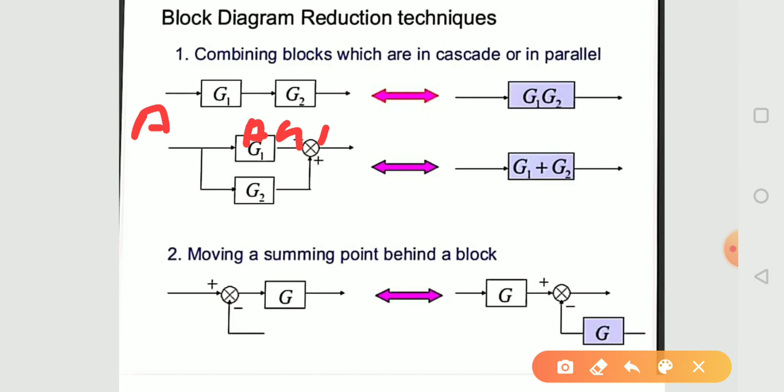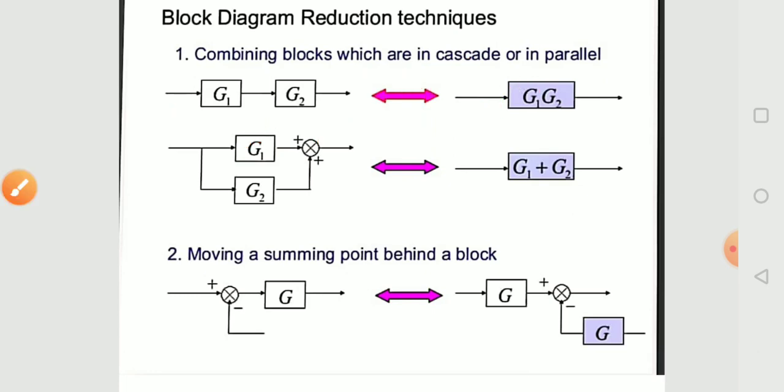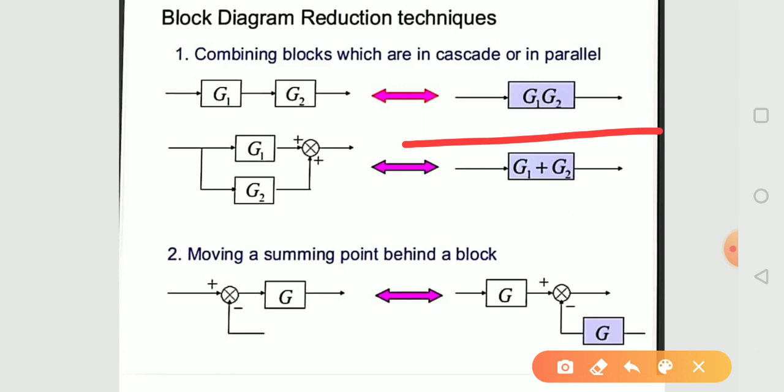Then the output from the G2 block is A into G1 into G2. And if we see this, here the input is A, and here also the output is A into G1 into G2. So we can say the output is the same.